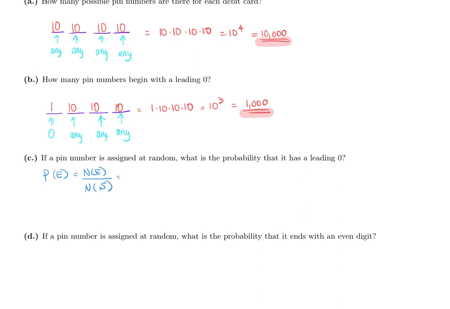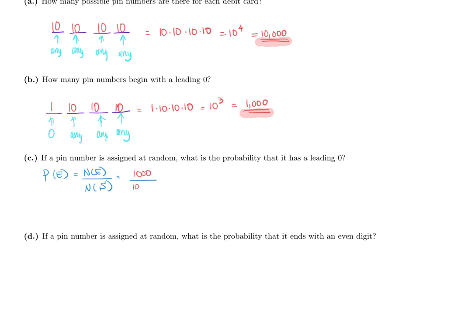So how many ways can we pick a pin number that has a leading 0? Well, we just found it. It's right here, 1,000 ways. We have 1,000 ways to do that. And out of all of our pin numbers, which we set up here, all of the possible pin numbers are 10,000.